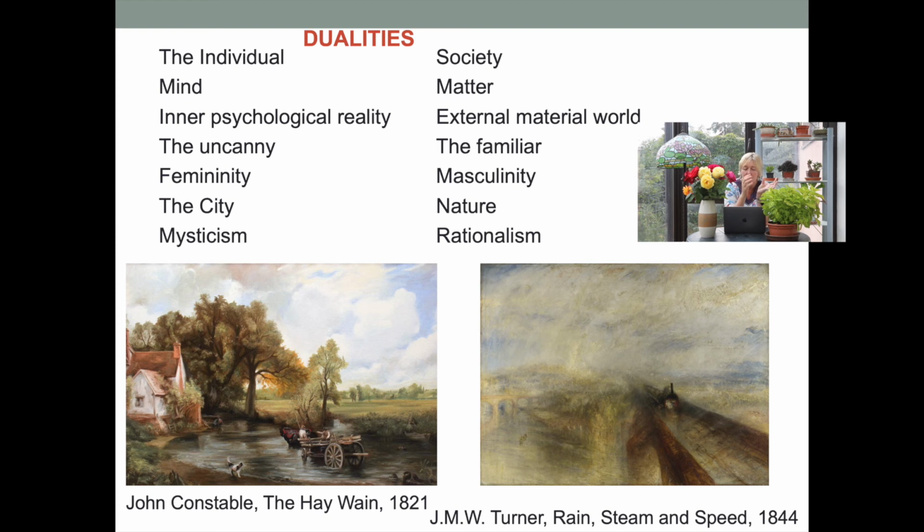So the oppositions between anything: the individual versus the society, the mind versus the material world, the inner psychological reality versus the external material social world, the uncanny versus the familiar, femininity versus masculinity, the city versus nature, mysticism versus rationalism. So this very strictly defined dual way of thinking.